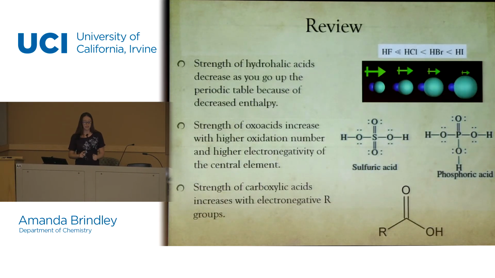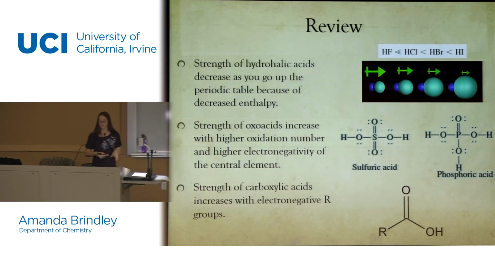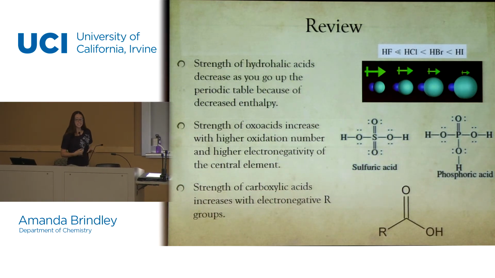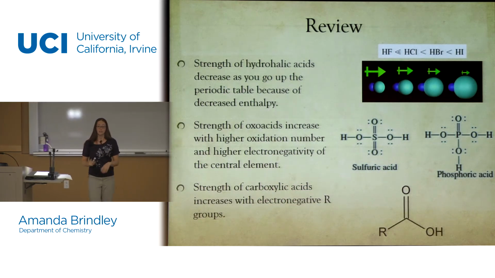So quick review on this. And then we'll do some review afterwards. All right. The strength of your hydrohalic acids is going to increase as we go down the periodic table. So HF is our weakest, HI is our strongest, and that's because of bond enthalpy, okay?